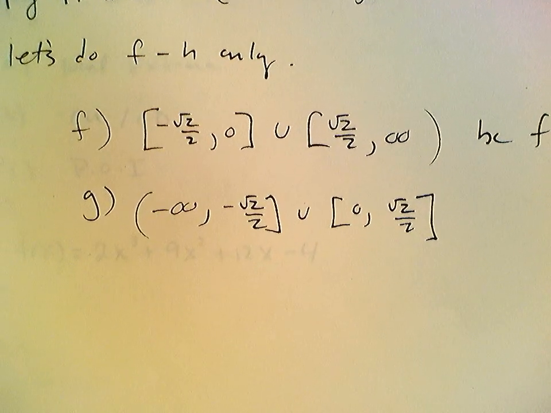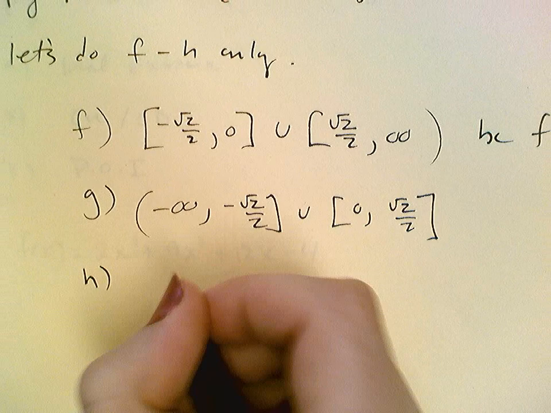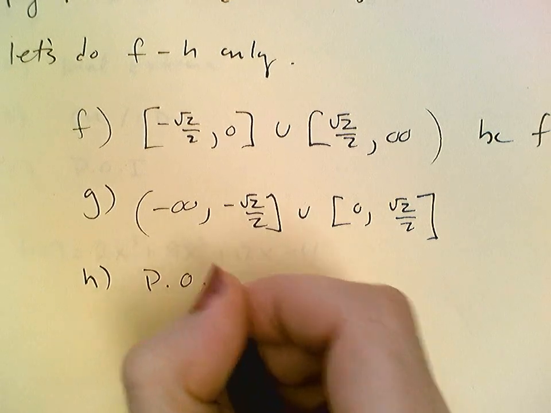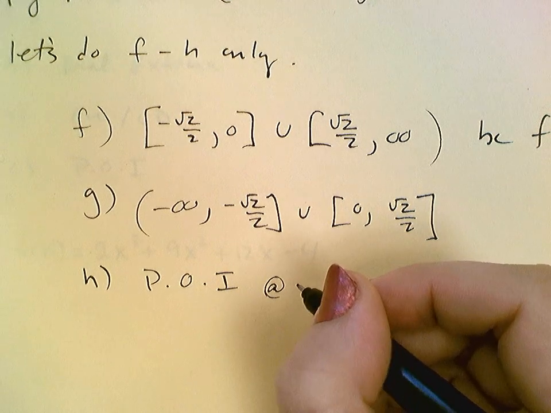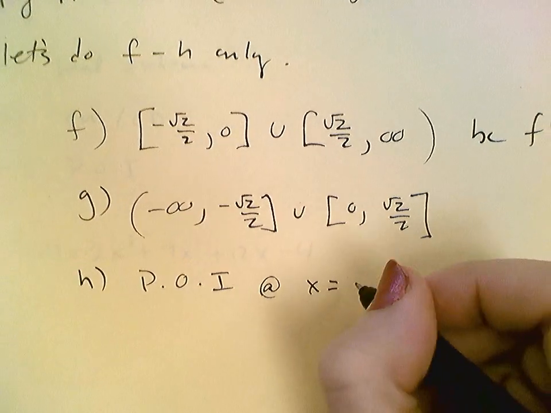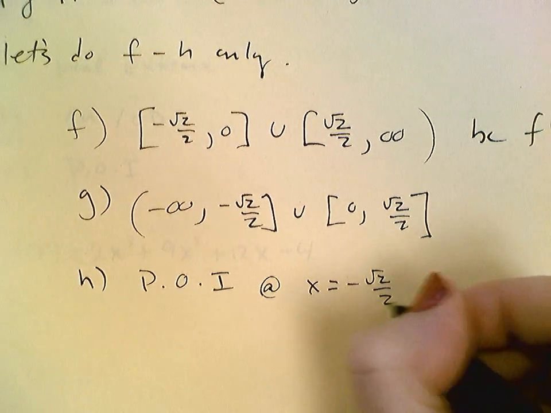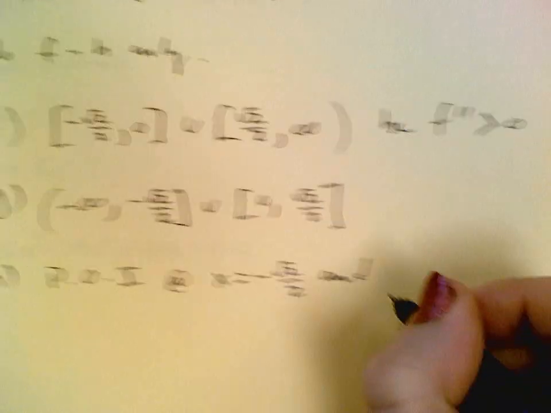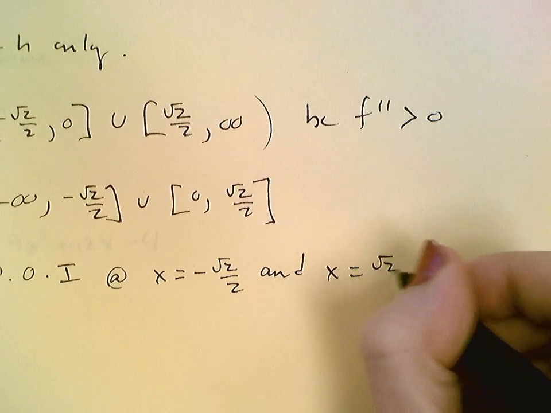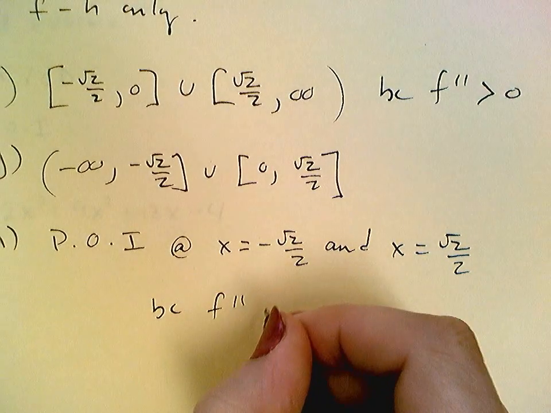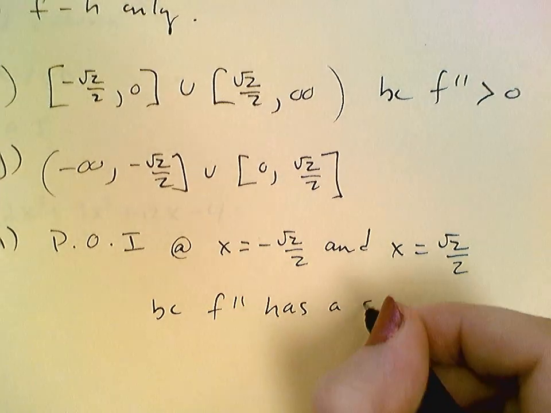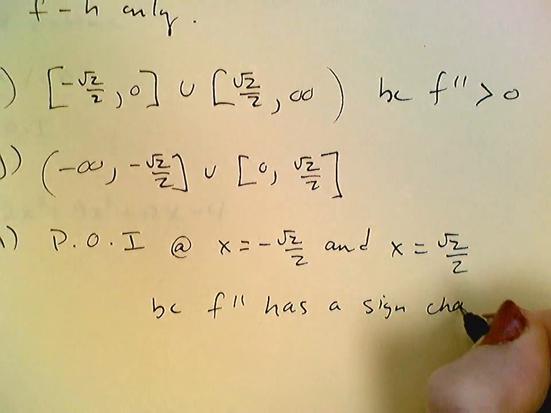Okay? And then H, points of inflection at x equals this and x equals that, because F double prime has a sign change.